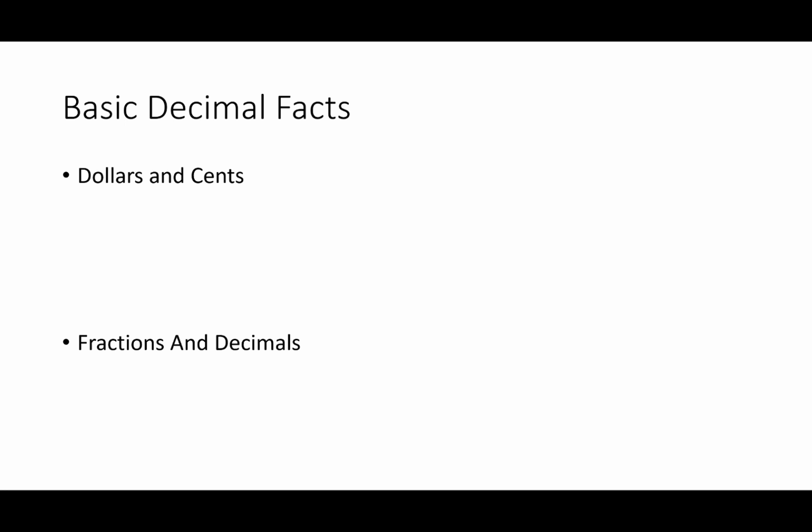We have probably used a lot of decimals in our daily lives. For example, when we use dollars and cents, if I have $1, I can write it as 1.00. If I have 50 cents, this is equivalent to half a dollar.